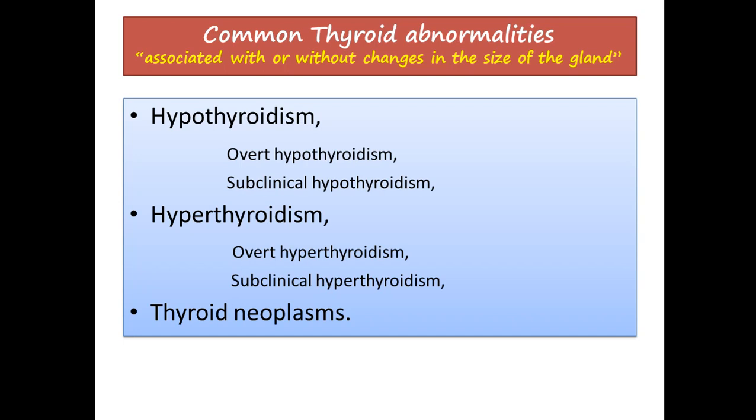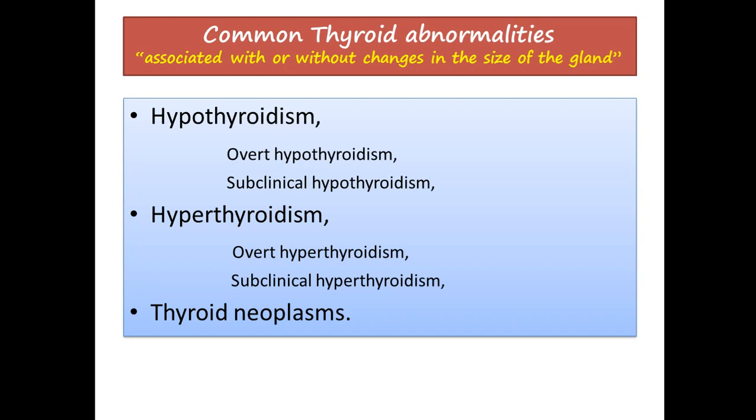Sometimes the patient may present with no symptoms, but the TSH level, which is the first line test for investigating a thyroid problem, will show a level of TSH that is above the defined levels.